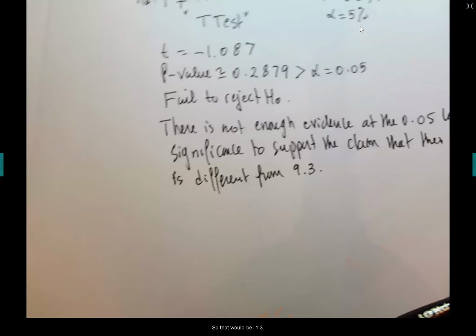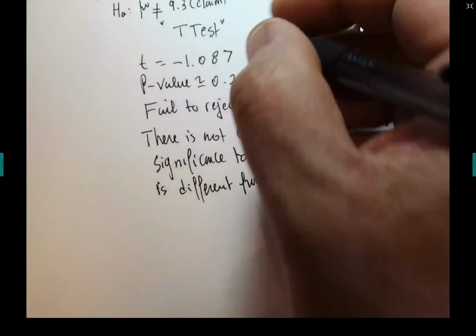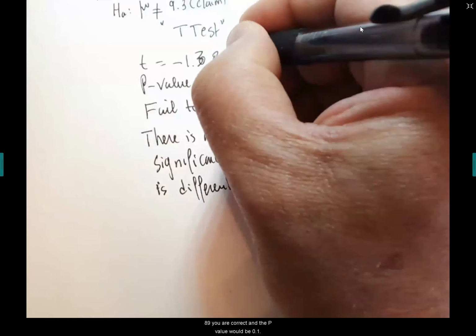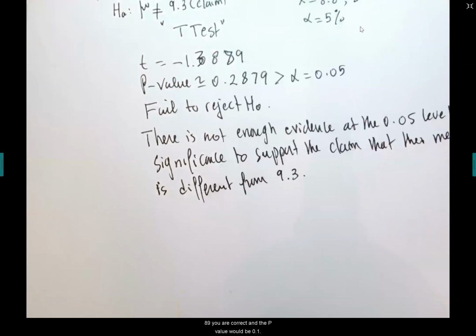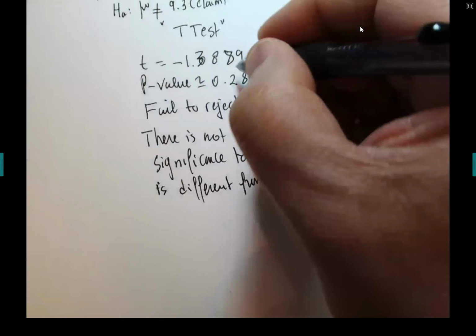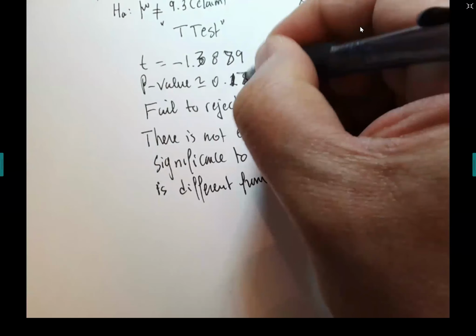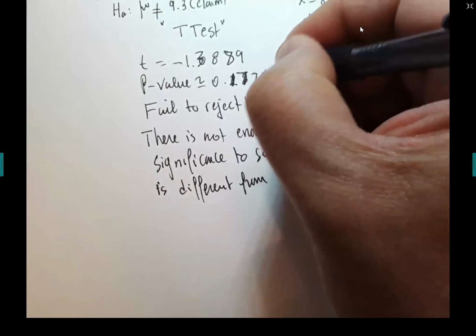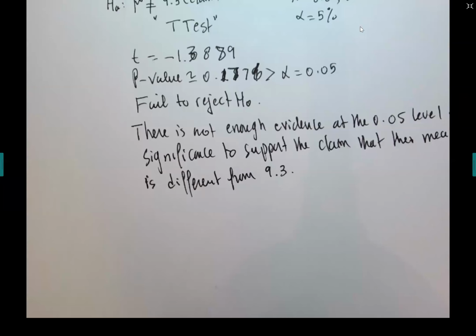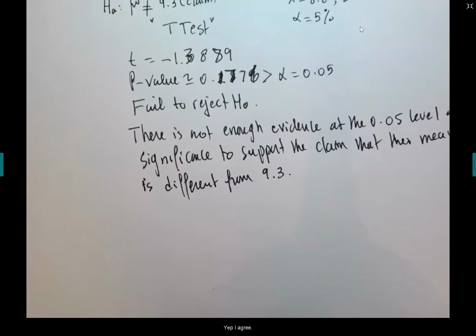So that will be negative 1.3889. You were correct. And the p-value would be 0.1776. Yeah, I agree.